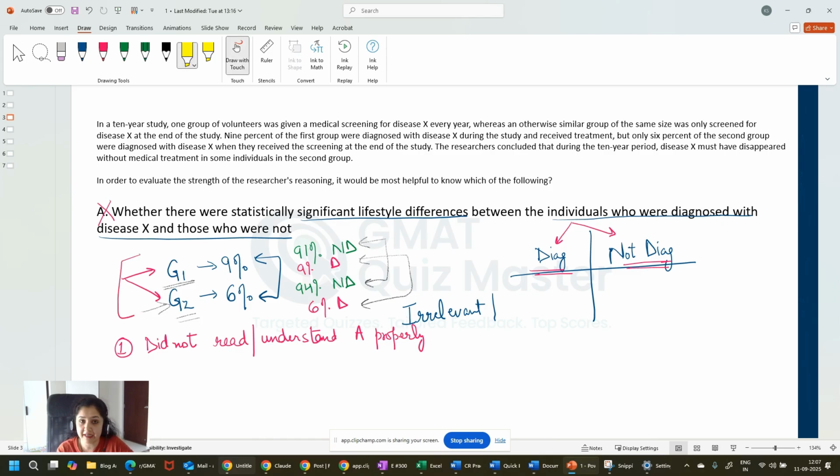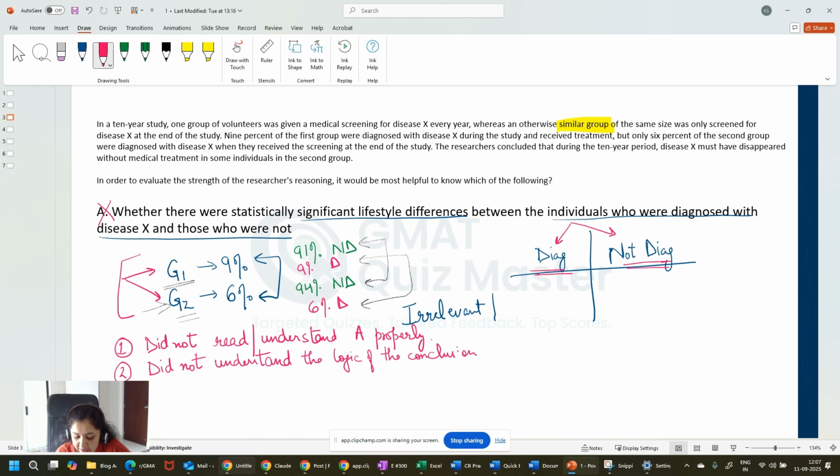It also indicates that you did not read the passage properly because it already states that these two are similar groups. So that can be one possible reason, that you did not understand the passage or you did not read the choice properly, right? That can be one reason. The second reason can be that you did not understand the conclusion, the logic of the conclusion, what it is trying to do.